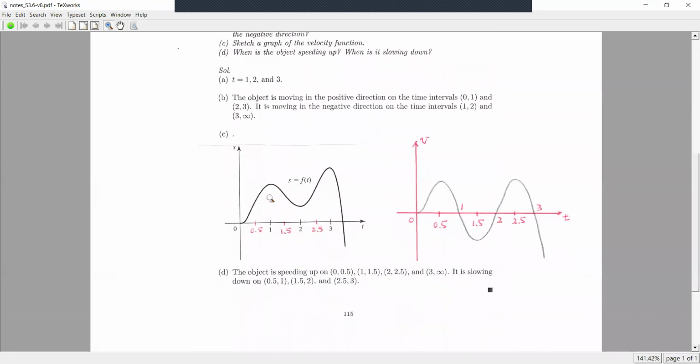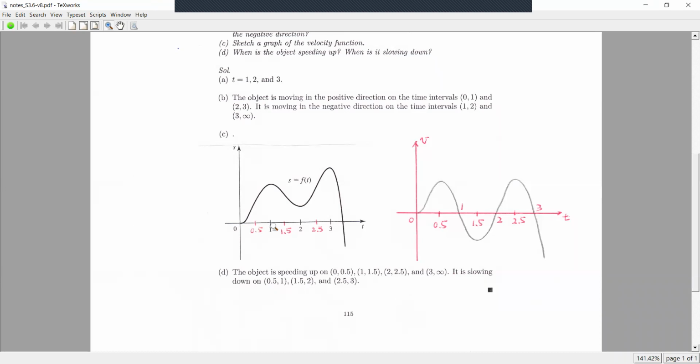Now, I sketch the graph of the slope piece by piece. The first piece is between 0 and 1. At 0 and at 1, tangent lines there are horizontal. So at 0 and at 1, slopes are 0.